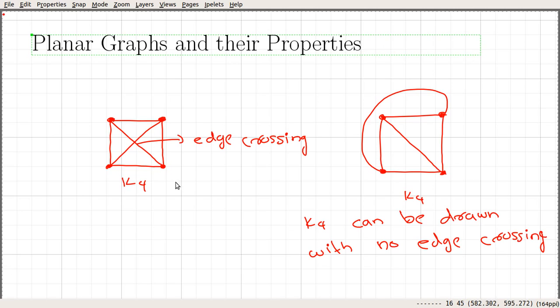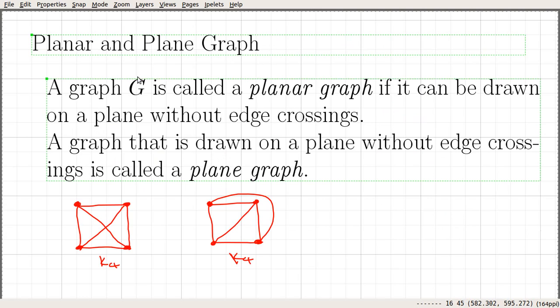So here we have these two drawings of K4, one with an edge crossing and another without an edge crossing. This leads us to two important definitions: planar graphs and plane graphs. A graph G is called a planar graph if it can be drawn on a plane without edge crossings.